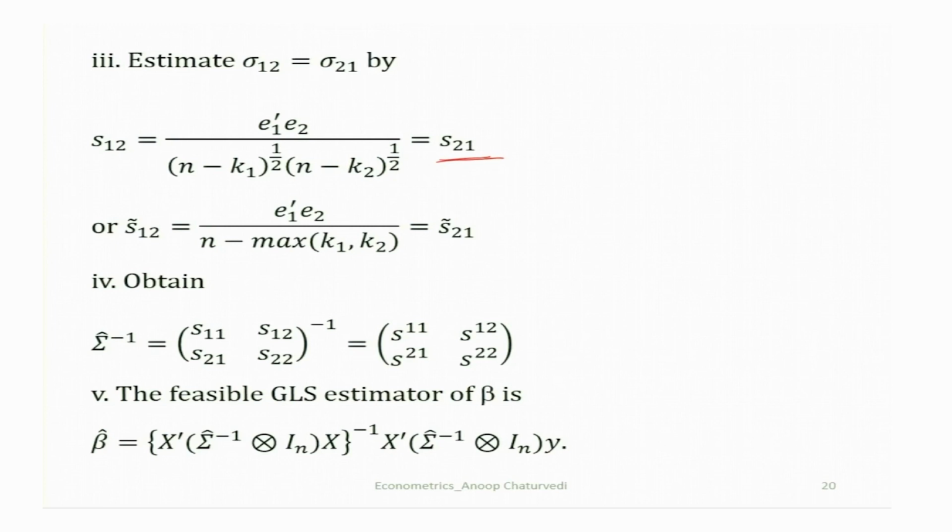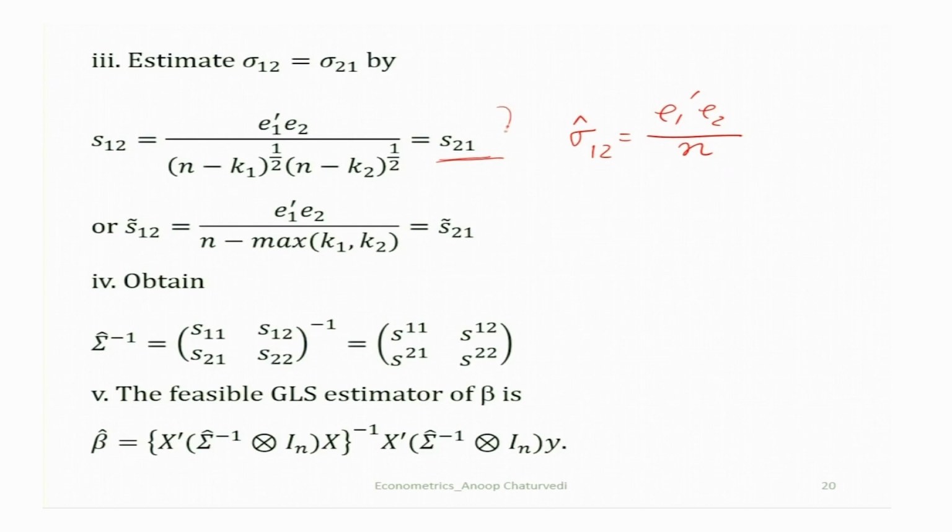Or another option is that you divide by n minus maximum of k 1, k 2, and even if you take this estimator sigma hat 1 2 equal to e 1 transpose e 2 upon n, this is also a consistent estimator of sigma 1 2.